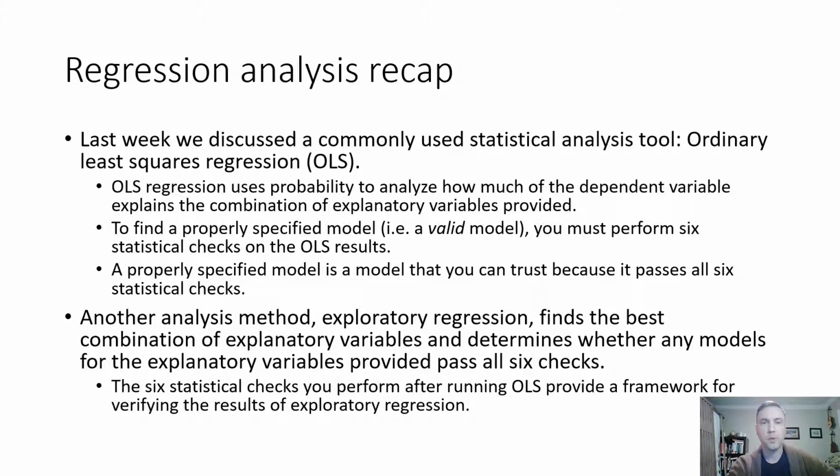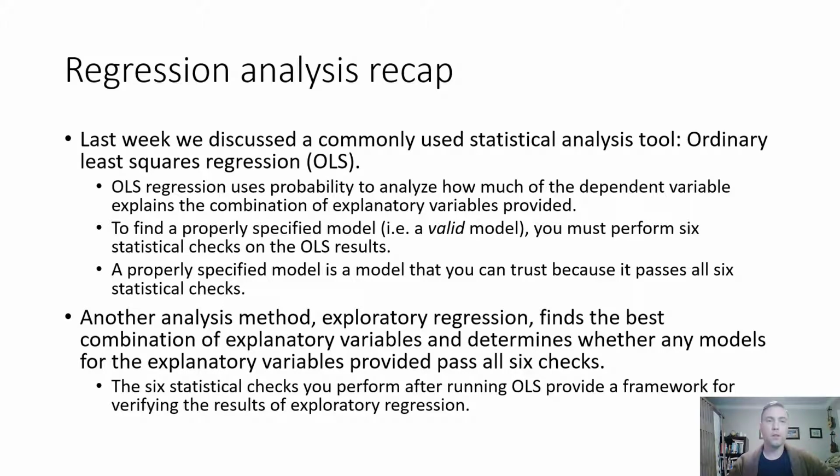To find a properly specified model, which is another way of saying a valid model, right? Properly specified means it checks all those 6 checks, right? You must perform the 6 statistical checks on the OLS results. A properly specified model is a model that you can trust because it passes all of the checks, right? It's essentially you're doing a checklist of saying, okay, so this is correct, this passes this, that, and the other, okay?